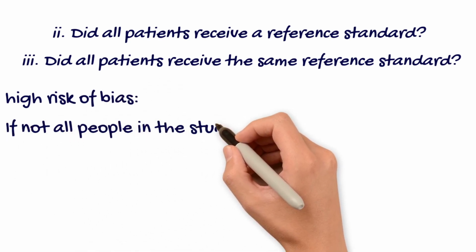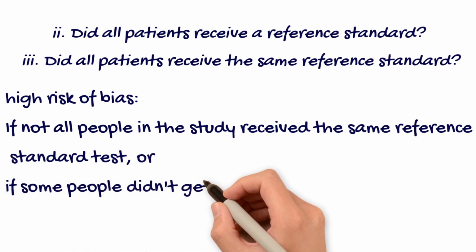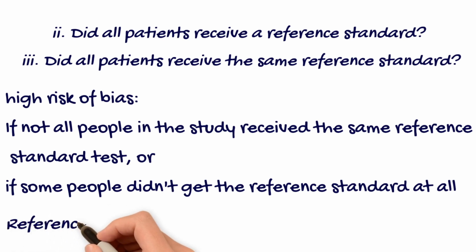If different reference standards are used, or if the decision to use the reference standard depends on the results of another test, it can introduce bias. For example, if a positive result on the first test leads to a more invasive or accurate reference standard, while a negative result leads to a less accurate reference standard, it can make the test results seem better or worse than they actually are.